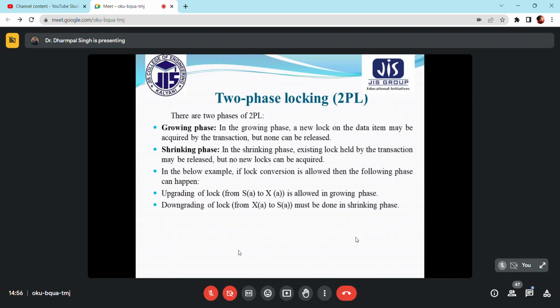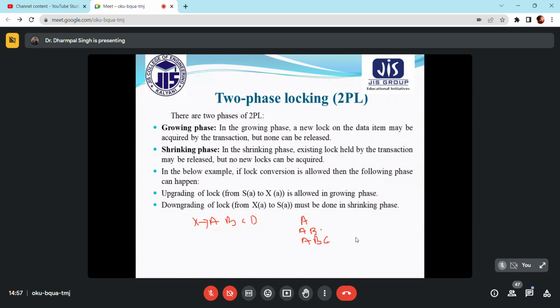Suppose transaction X requires four data items: A, B, C, and D. It is just like the pre-claiming nature, but it acquires A first, then B. Suppose C is held by some other transaction, it has to wait. When C is released, it can acquire C, with A and B already acquired.